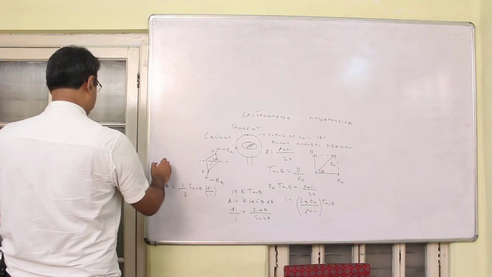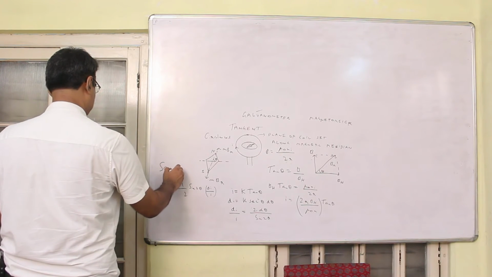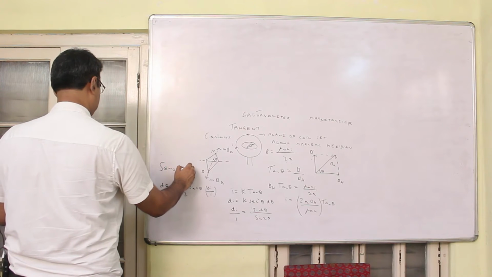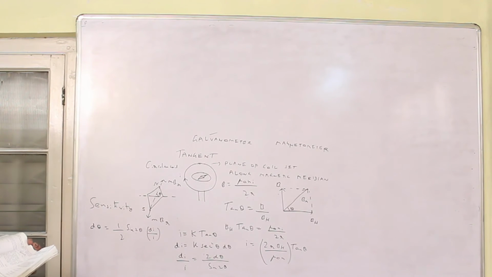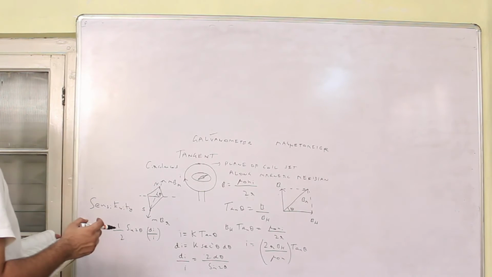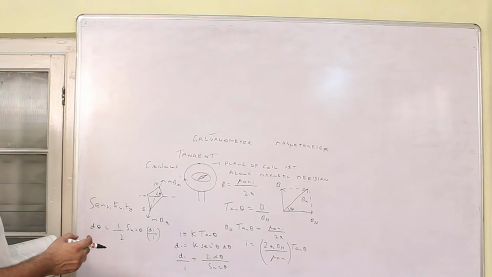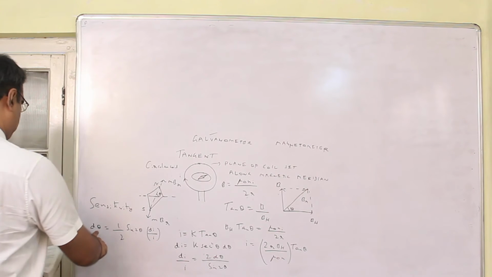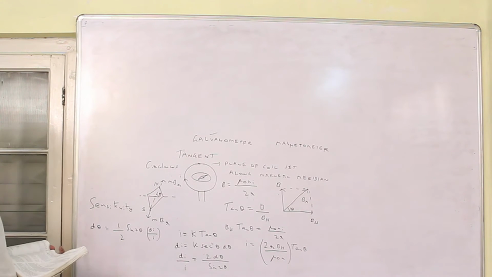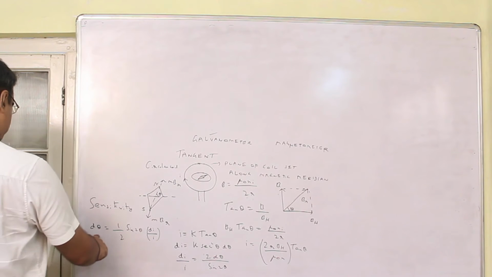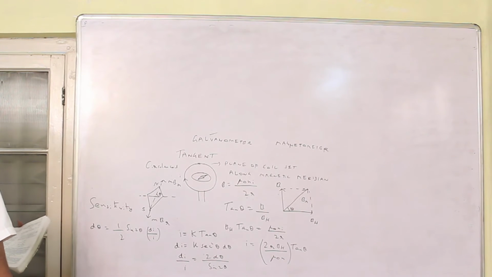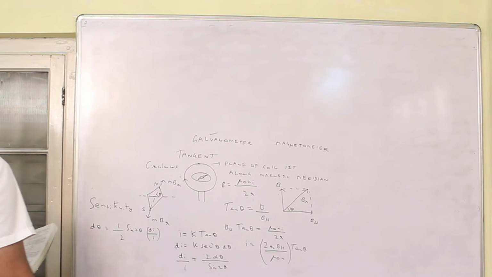Now, in every galvanometer, the most important consideration is the sensitivity of the galvanometer. The concept is that there should be a significant value of d theta. For any change in I, there should be a significant change in theta as well.